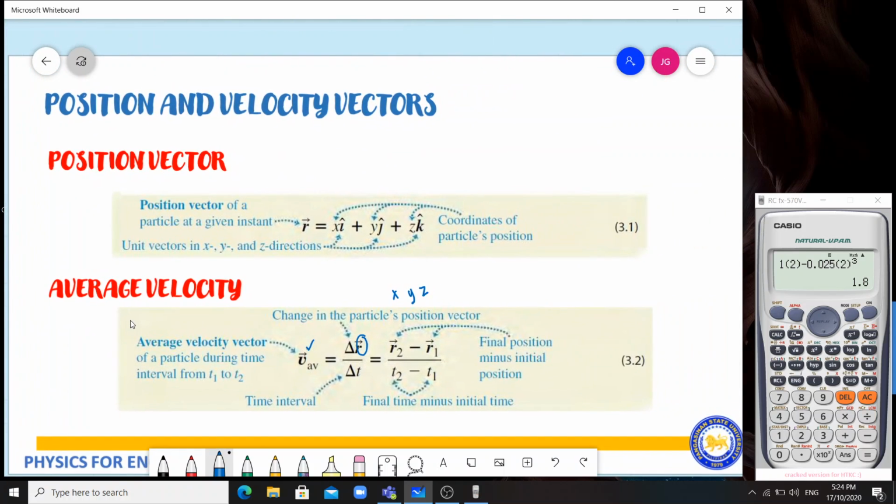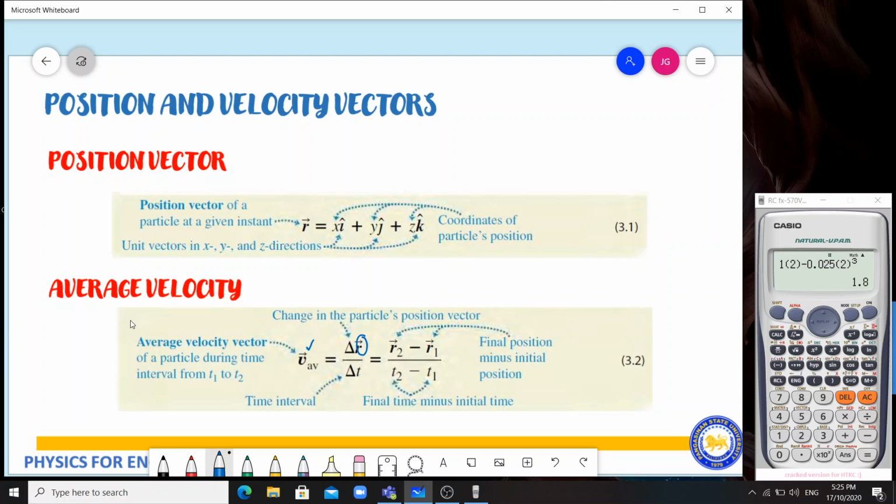Position and velocity vectors. Since we are dealing here with 2 or 3 dimensions, it is important that we understand the vectors, because vectors don't only give us the magnitude or the value, they also give us the direction.